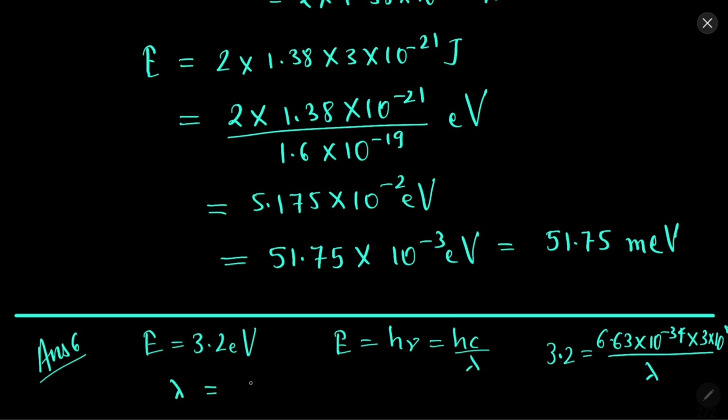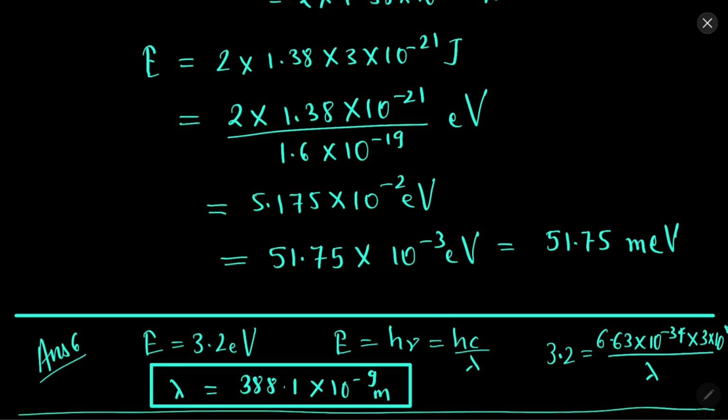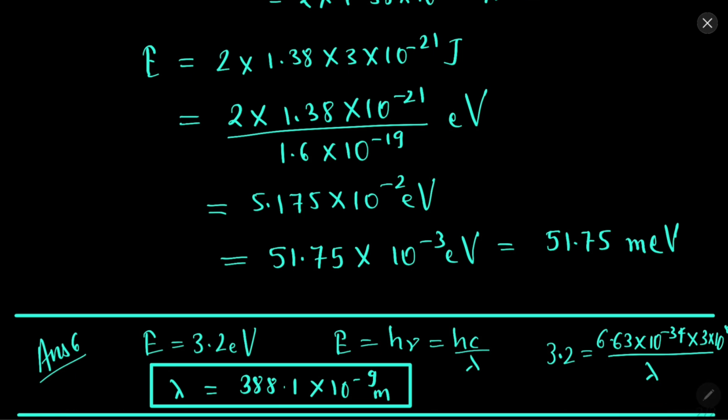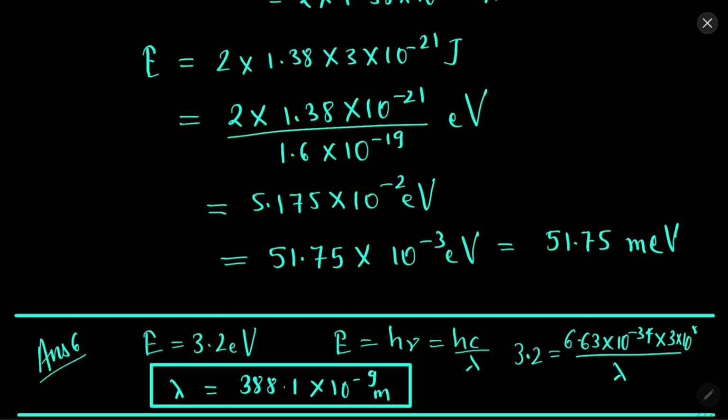So lambda will come out to be around 388.1 nanometer, that is into 10 to the power minus 9 meters. So this will be the value.